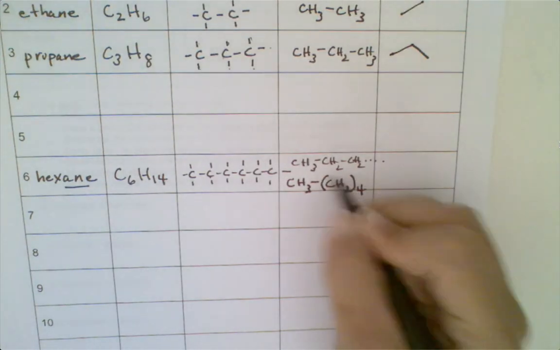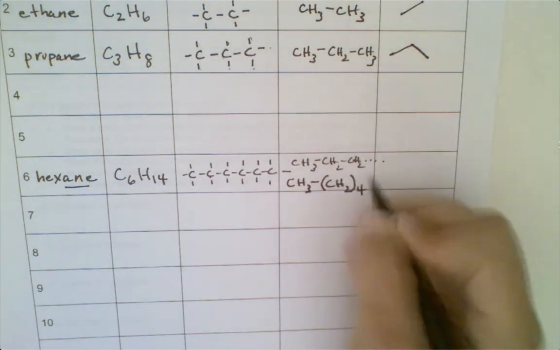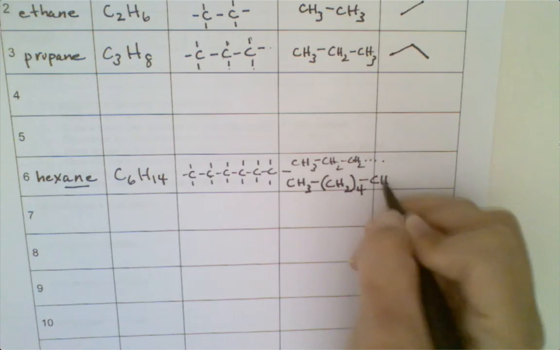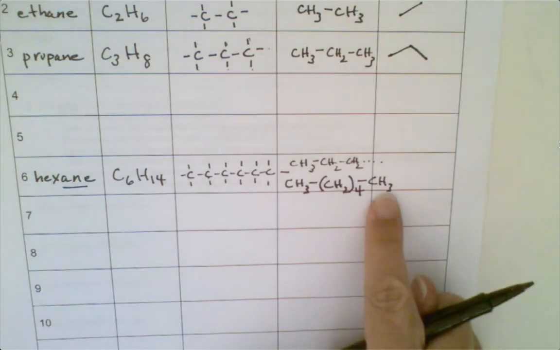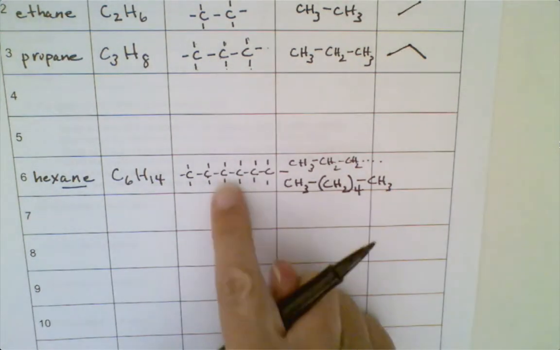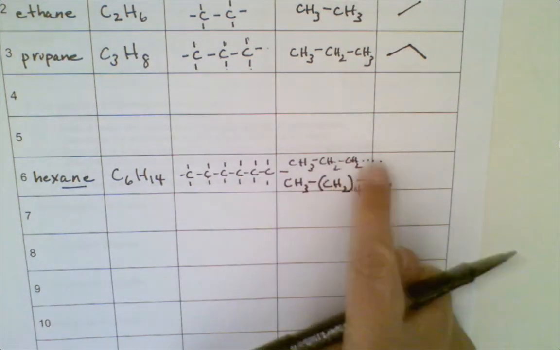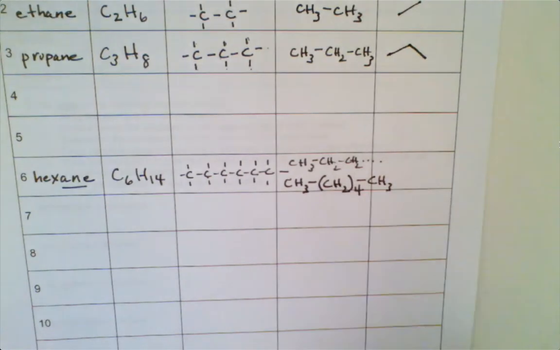So I put a bracket around the CH2 with a 4 linked to the ending CH3. So this would be a condensed version of this structure here, or like I said, you could draw out those 4 CH2s in the middle.